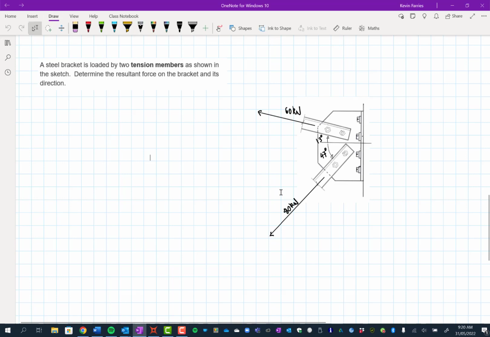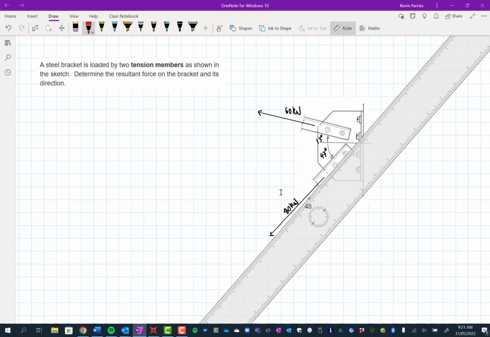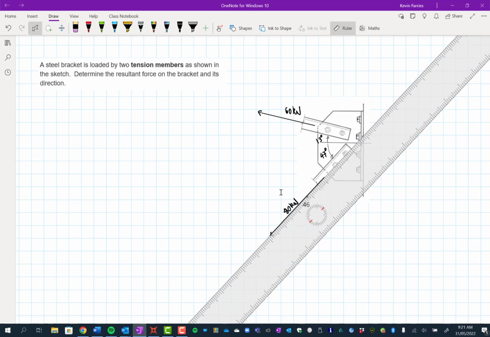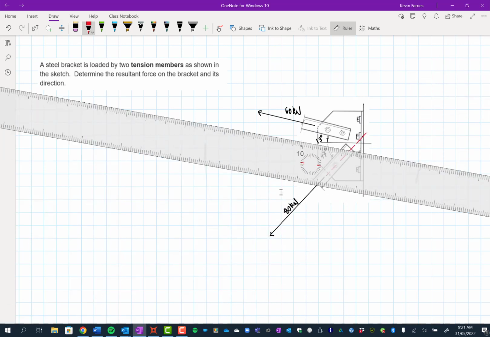What you can do with forces, and we'll explain why a little more later in the course when we start looking at equilibrium and rigid bodies, but for now, what you can say is if you take the line of action of the force, which is the same as the direction of the force, you can trace that back. You can do the same thing with the other force.